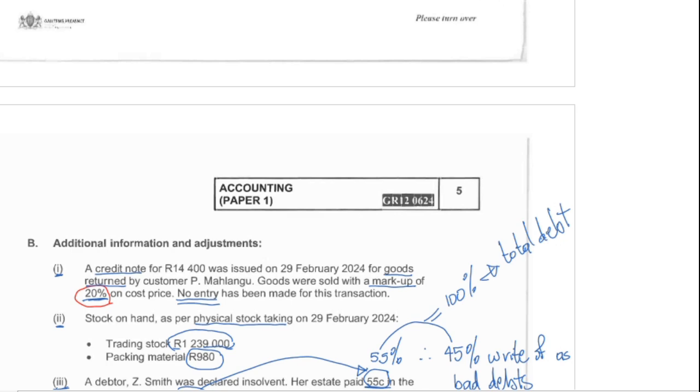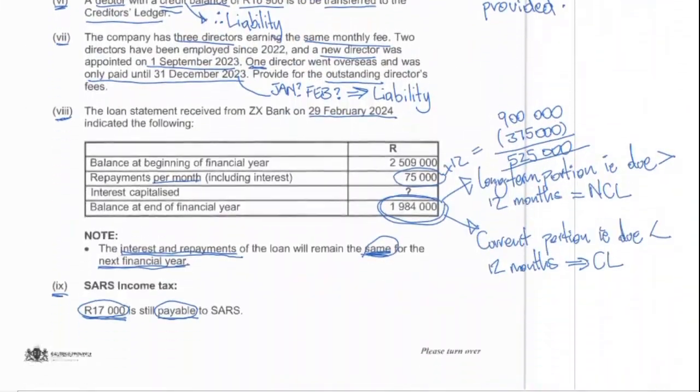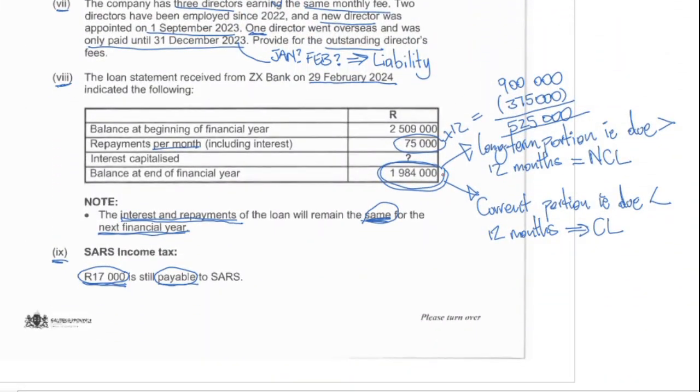But we also have to remember that we've already been given the balance at the end of the year. So the interest capitalized has already been included in the balance at the end of the year of 1,984,000. So there's no need for us to reflect this adjustment in the balance sheet.